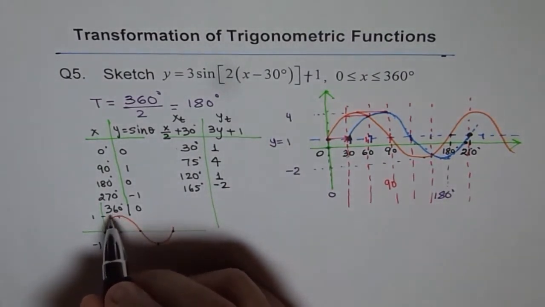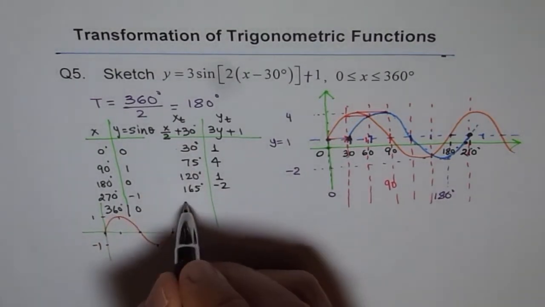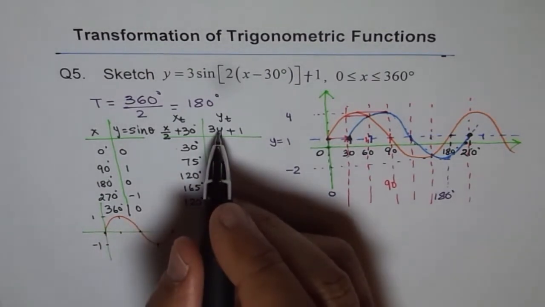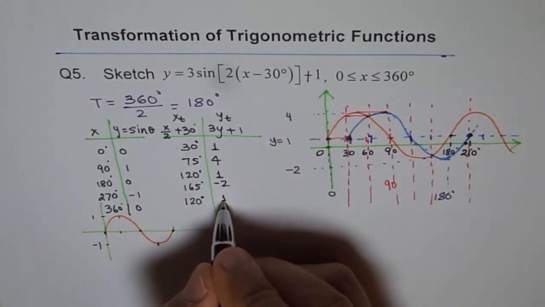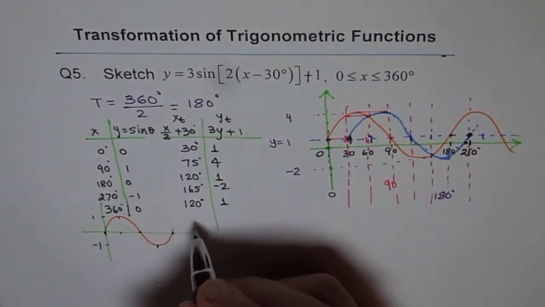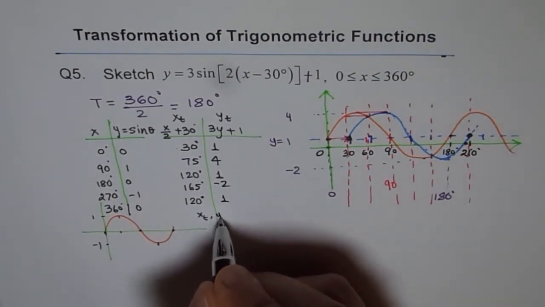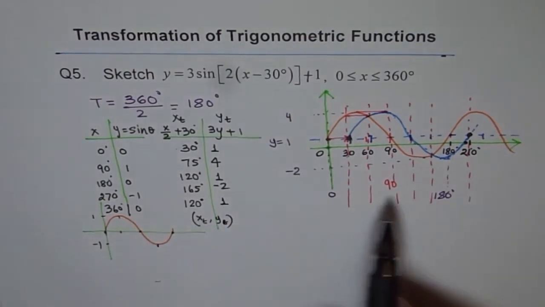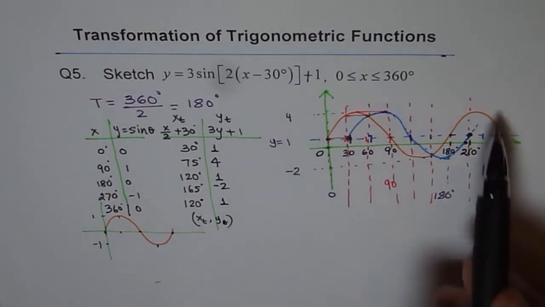For 360, half of 360 is 180, and 180 plus 30 is, let me check, 210 degrees. And 0 times 3 is 0, plus 1 will give me 1. So these are my transformed points, right? I can write them as xt and yt. On graph paper, you take a grid like this.